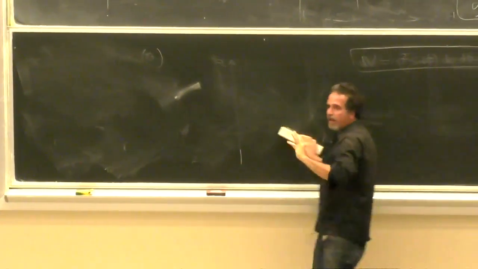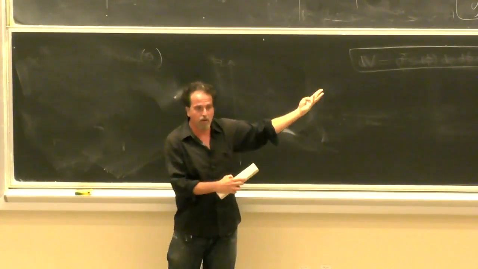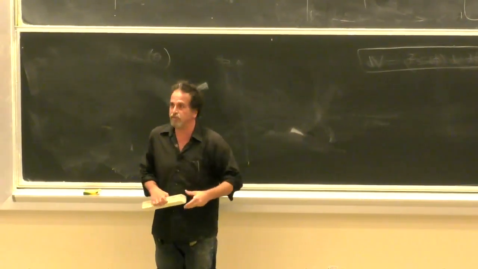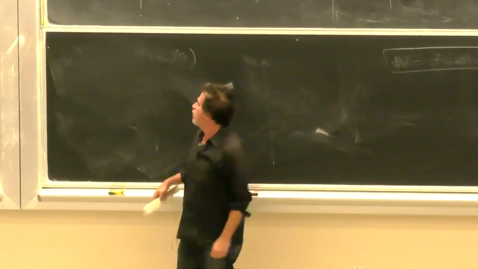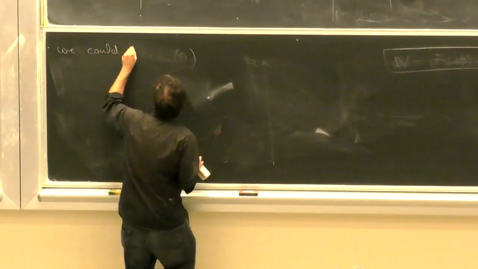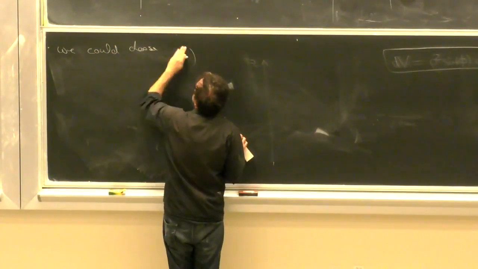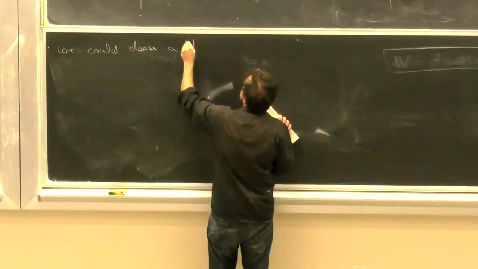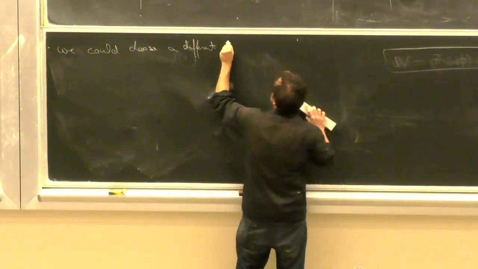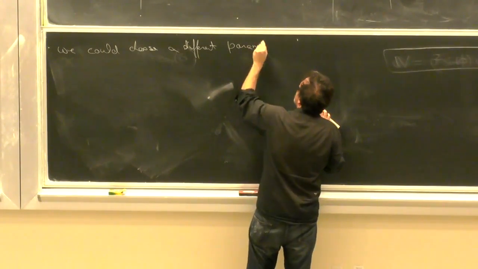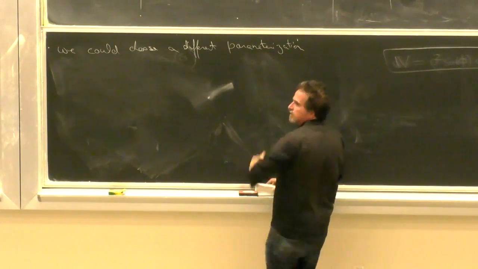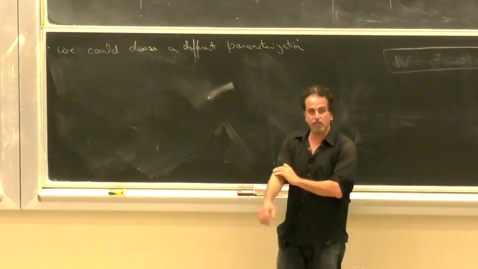Now, just to continue with this example, I chose a particular function of t. I said 2t. Well, we could choose a different parametrization. What's a different parametrization I could choose?